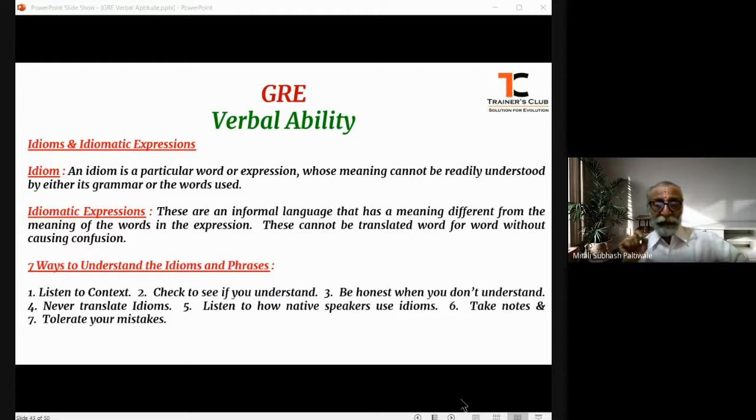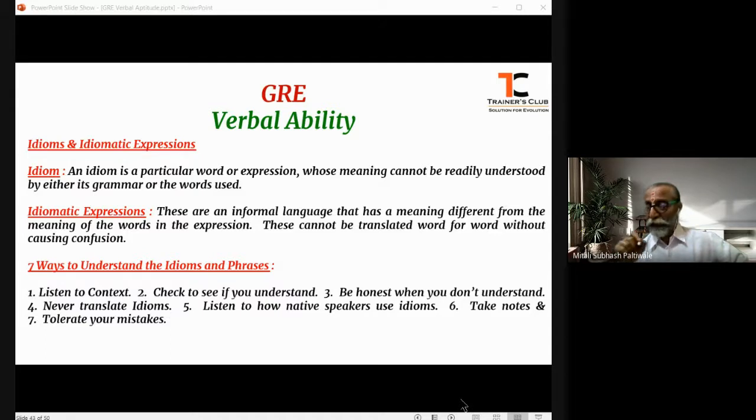So listen to them, how they use these idioms or the phrases, so that it will be easy for you to understand.